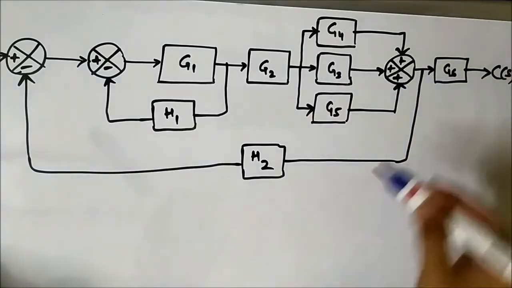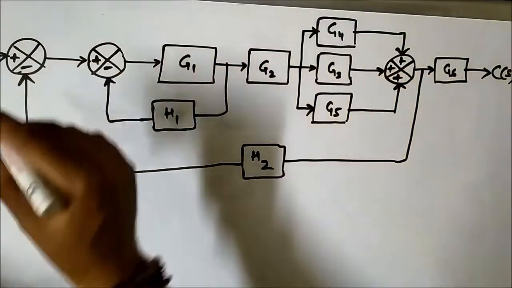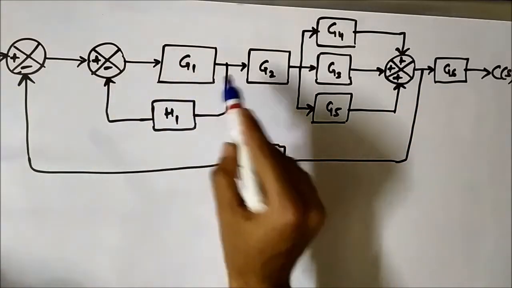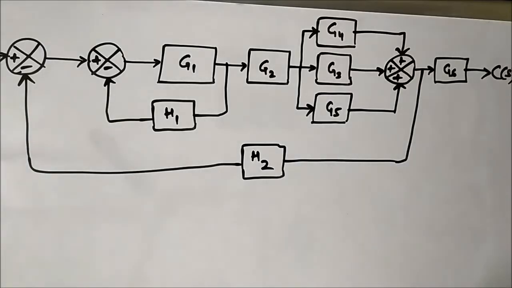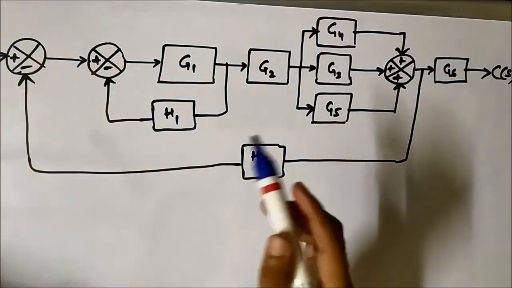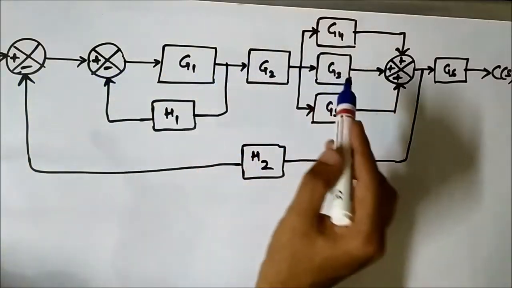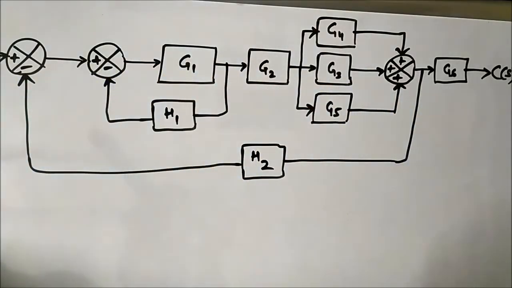These are takeoff points and these are summing points. So these summing points and takeoff points constitute the nodes in the signal flow graph. So here we will represent each of the summing points and takeoff points as a separate node.